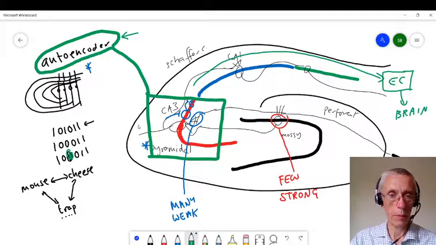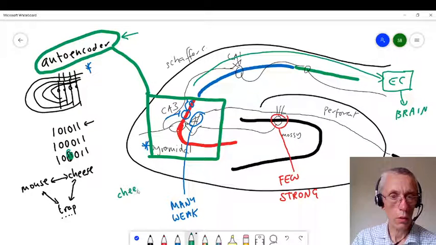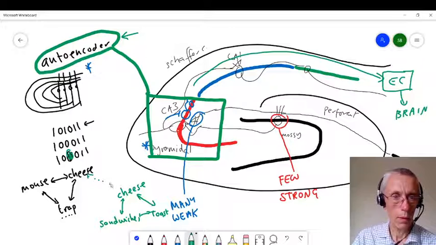But there is a slight problem. Imagine that in a different context, you wanted to associate cheese with toast and sandwiches. How do we deal with that? Because now we've got two sets of associations.